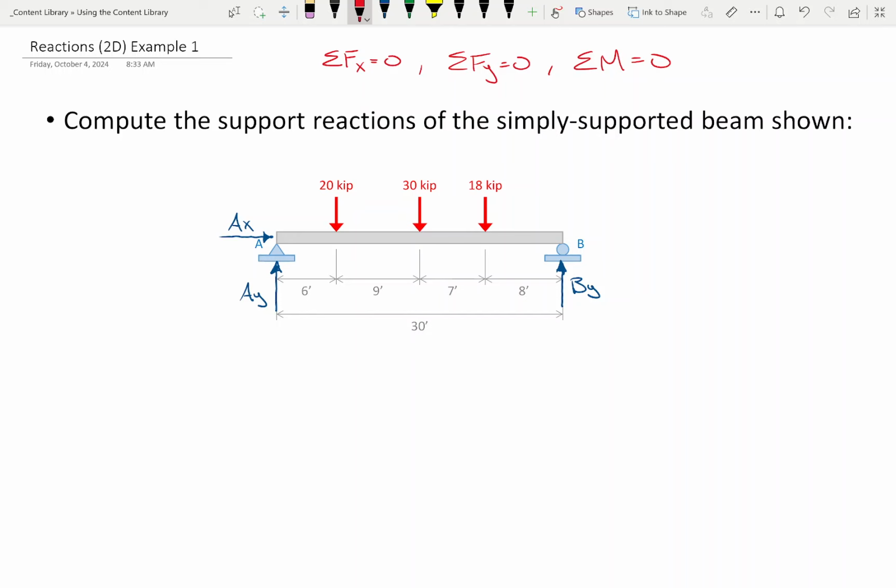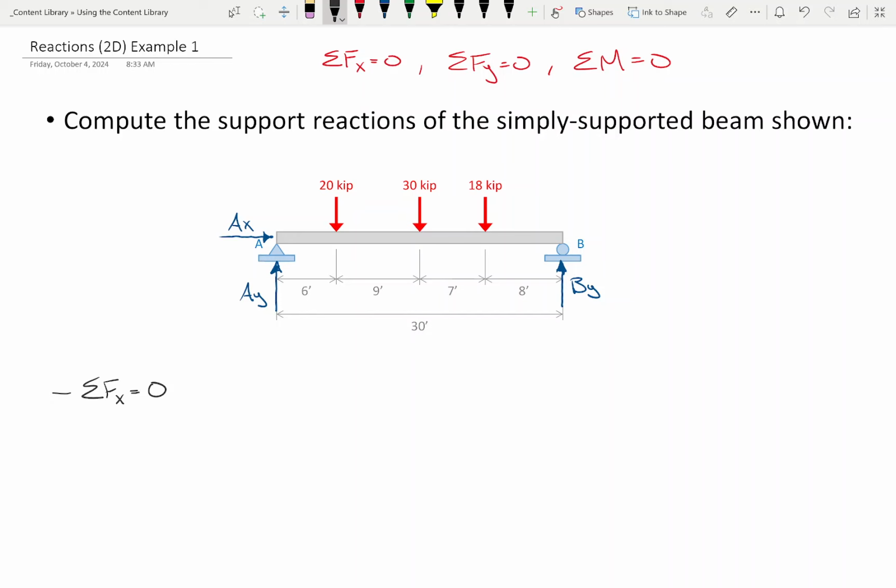Now, let's handle this one equation at a time. I'm going to start off with the simplest one, which is the sum of the forces in the x direction. Summing the forces in the x direction, I must get 0, but watch what I'm going to do.